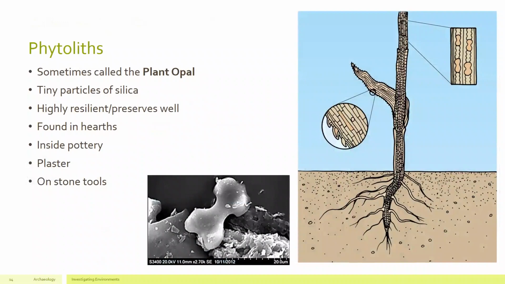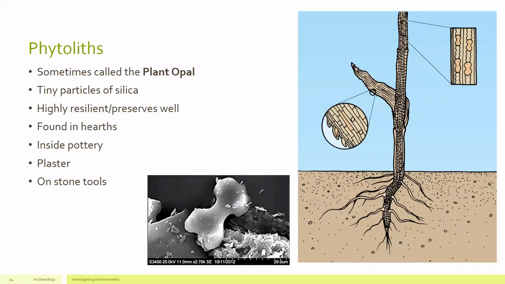Phytoliths are the really hard parts of plants, sometimes called plant opals in some archaeological literature. These are tiny particles primarily of silica. It's readily abundant and it's highly resilient. It preserves extremely well. Often you can find different phytoliths in hearths that were campfires, they were burned.